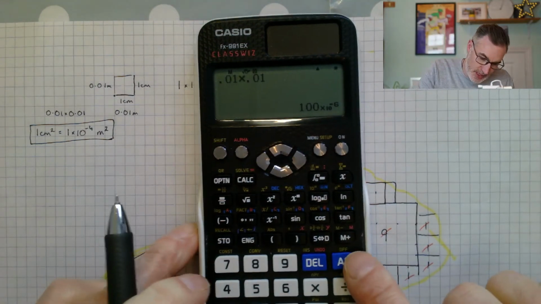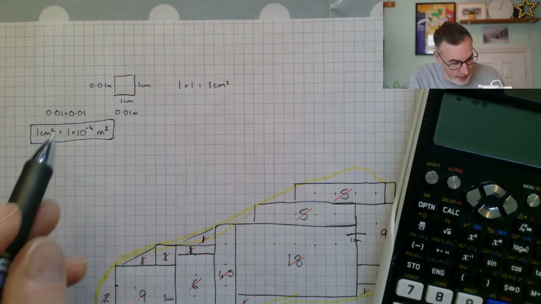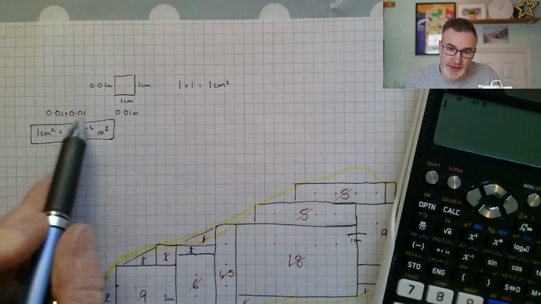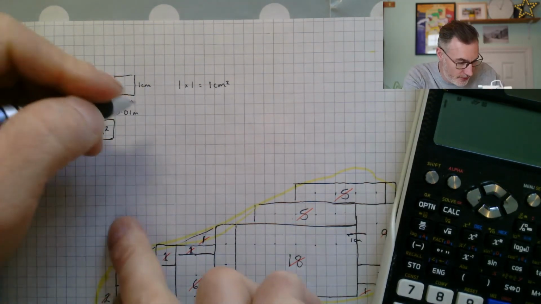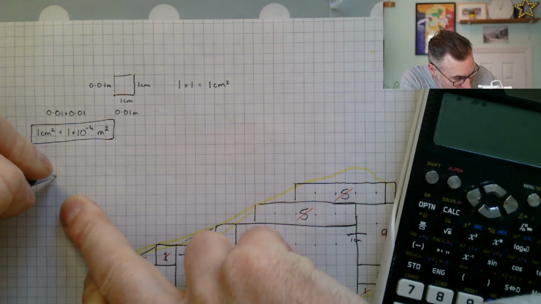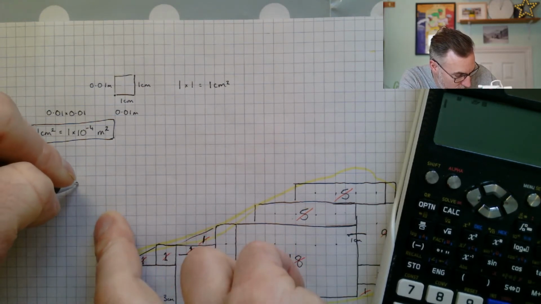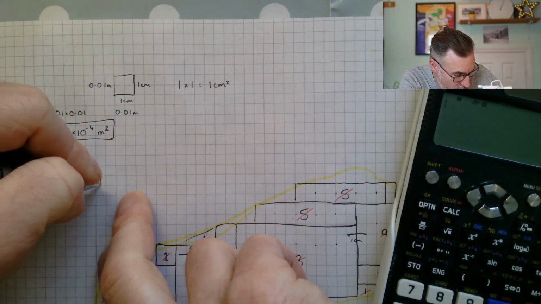And so that is our conversion between centimeters squared into meters squared. Now, if we're going to look at 1 millimeter squared, so we've got 1 millimeter by 1 millimeter, that's 1 millimeter times 1 millimeter, we're going to have 1 millimeter squared.